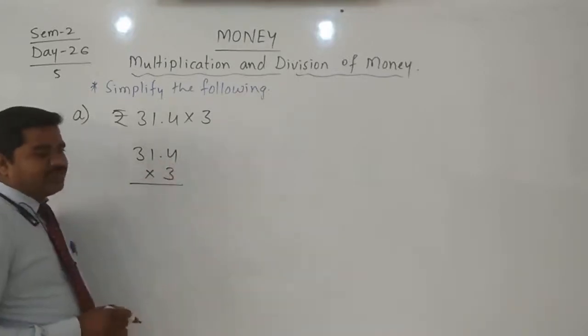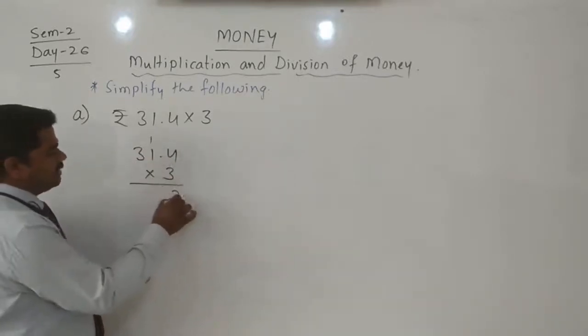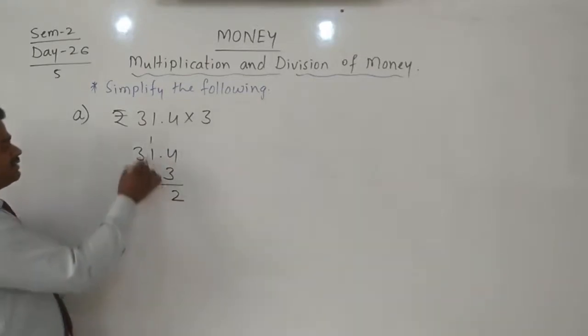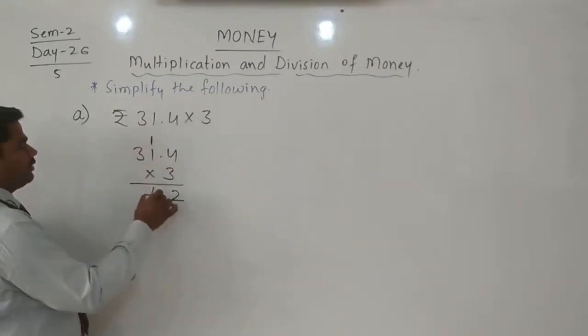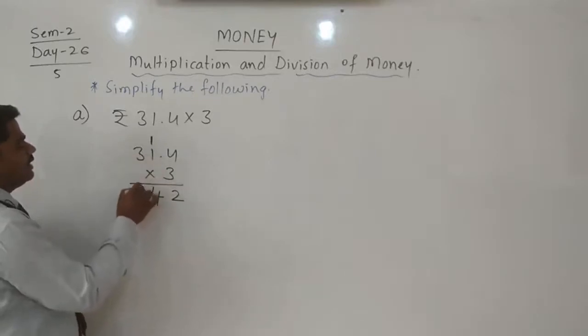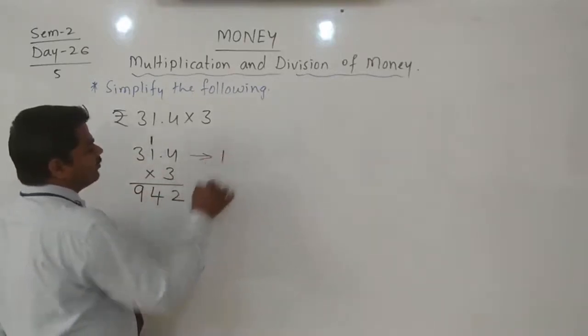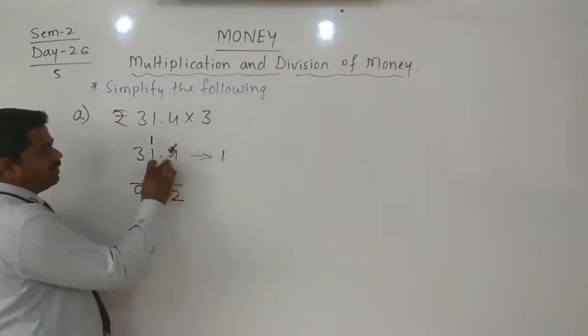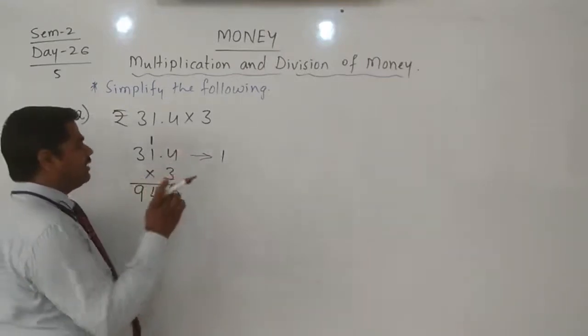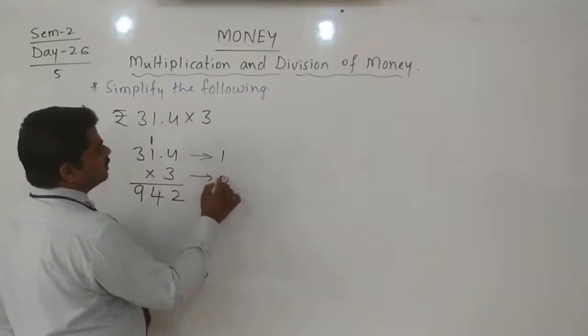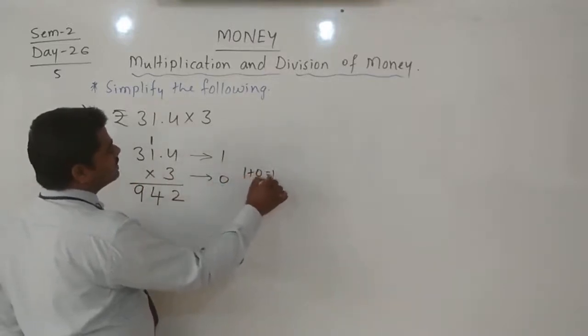3 4s are 12, write 2, 1 carry. 3 1s are 3 plus this 1 is 4. Write 4. 3 3s are 9. Here count how many decimal places there are in the multiplicand: only 1 decimal place. Here there are 0 decimal places. 1 plus 0 is 1.